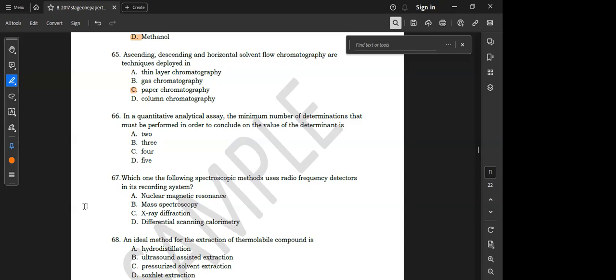Okay, so for ascending the most common one is column, and for descending, I don't know. That's why I was saying the answer for me looks like D. It's not C necessarily.